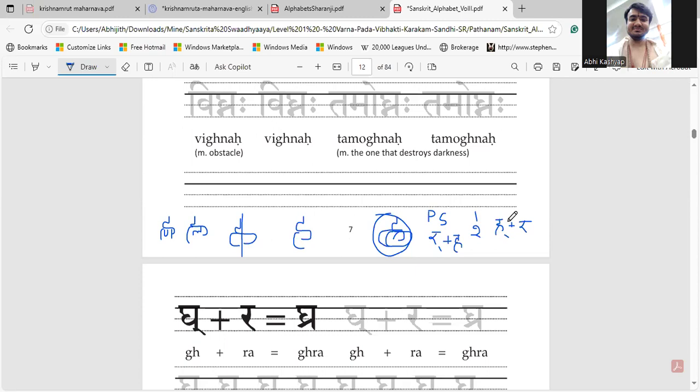That means Ha is going to be your secondary Vyanjana. Always.